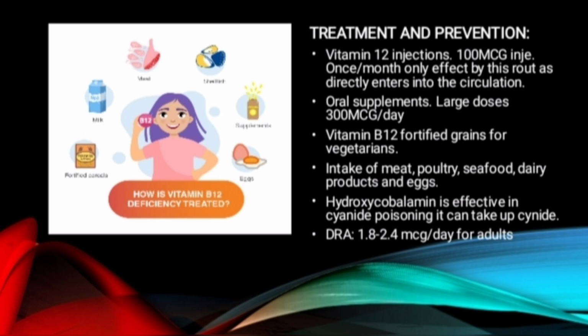Usually 100 micrograms of vitamin B12 by injection once a month is sufficient to control the manifestation of pernicious anemia. This dose is effective only by injection because the vitamin enters the body directly when introduced by this route.